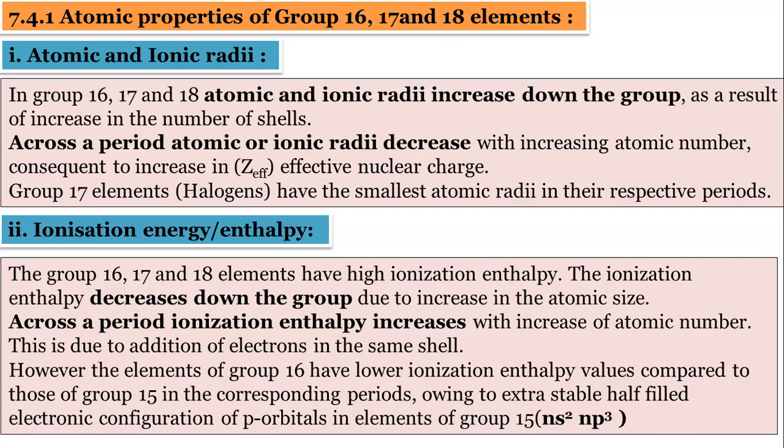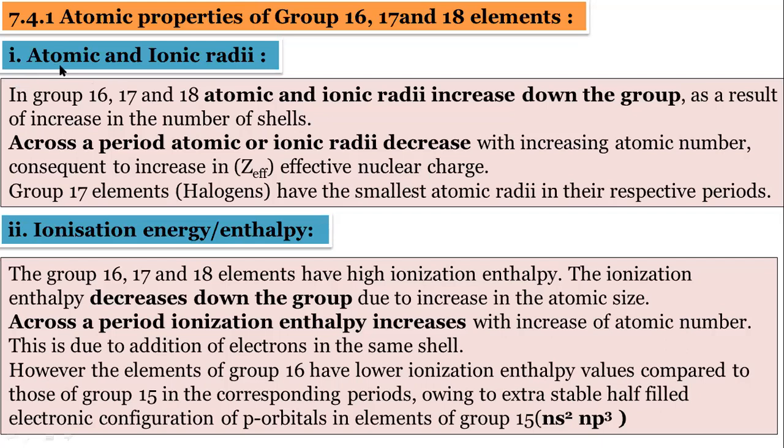I explained ionic radii, atomic radii, ionization energy, also called ionization enthalpy, then electronegativity and electron gain enthalpy. All these periodic trends we discussed in detail in 11th standard. So directly I am coming to the trends.